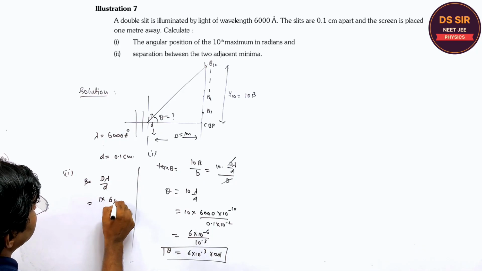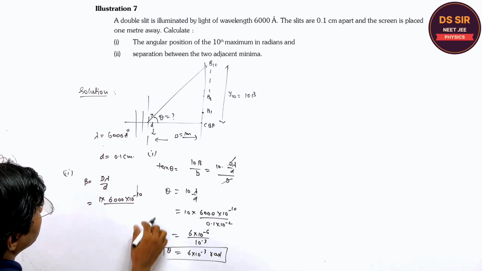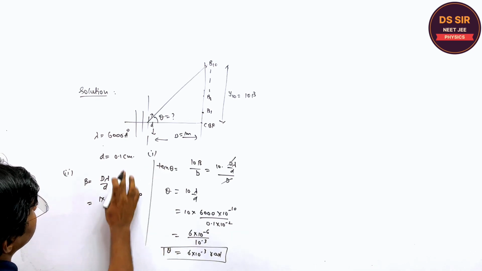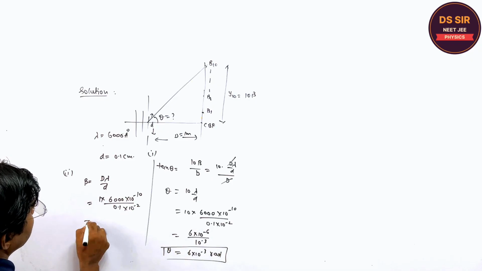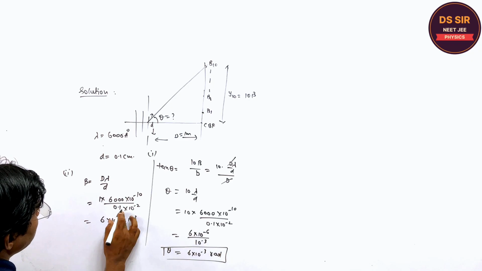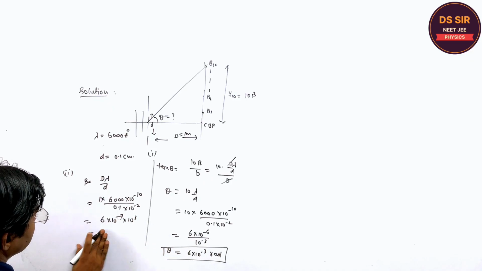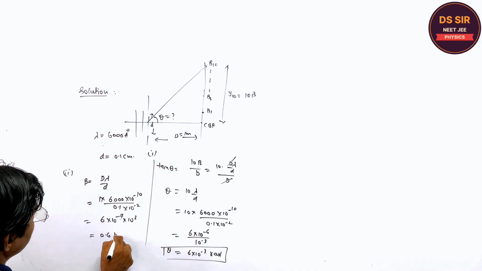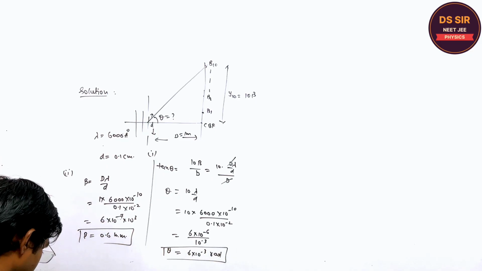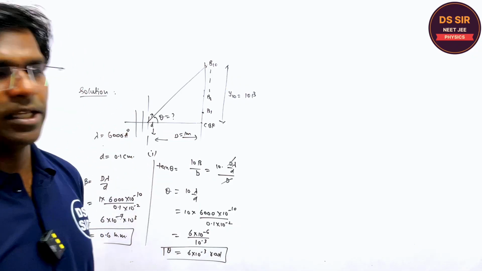What is the lambda? 6000 into 10 to the power minus 10, right, divided by 0.1 centimeter. So this is 6 into 10 to the power minus 7 into 10 to the power 3, right? So 0.6 millimeter is the separation between two consecutive minima. That is the fringe width asked in the question.